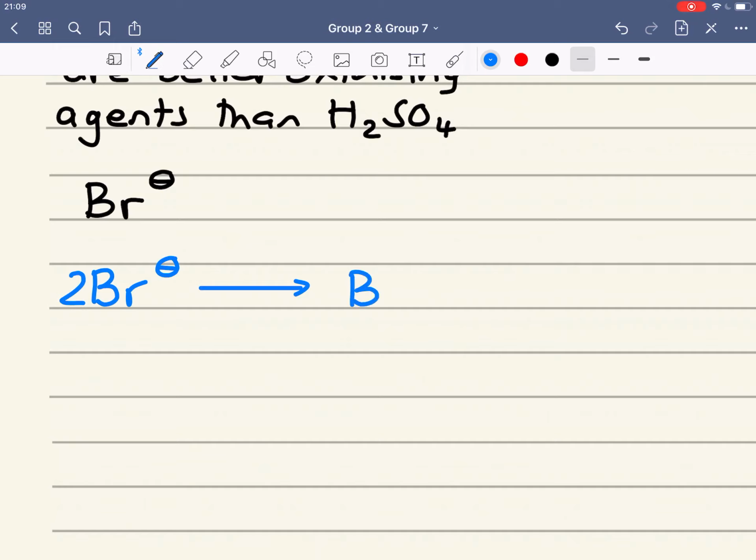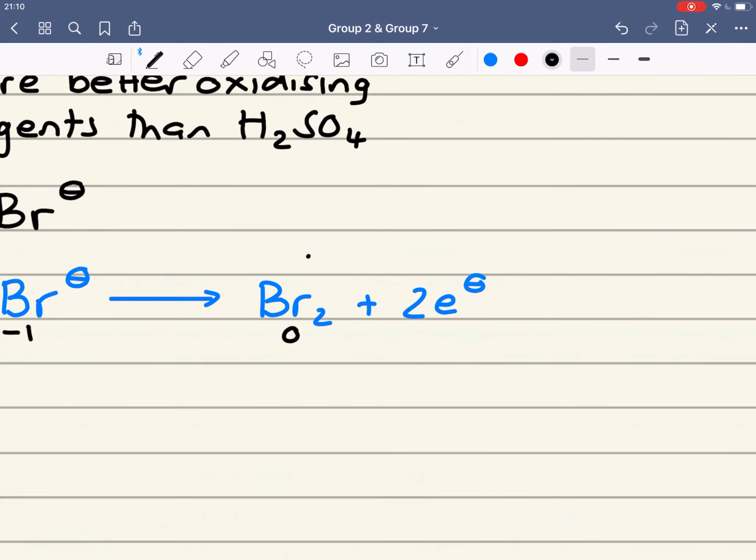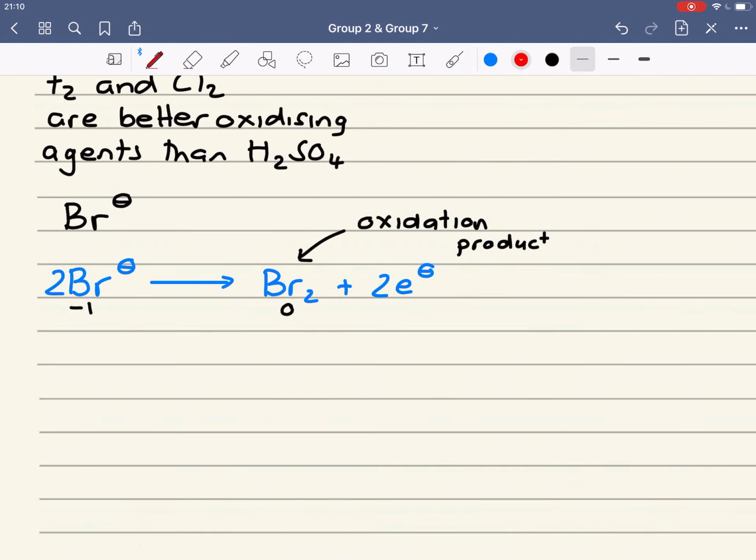We get Br2 and 2 electrons. So the oxidation state of the bromine here is -1 and it's increased to 0, so we've got an oxidation. Because this reaction is an oxidation, we call this thing here the oxidation product. The product formed from the oxidation half equation.